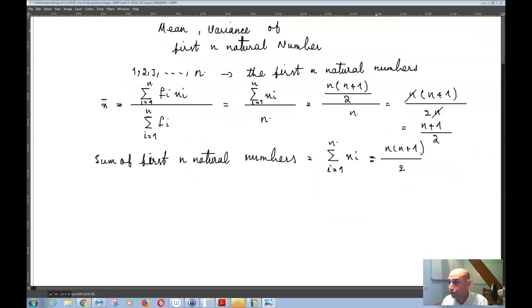The variance of a set of observations, we said that sigma squared is equal to 1 over n sigma of f of i, there has to be some f of i over there as well. I don't know why I haven't written the f of i here.